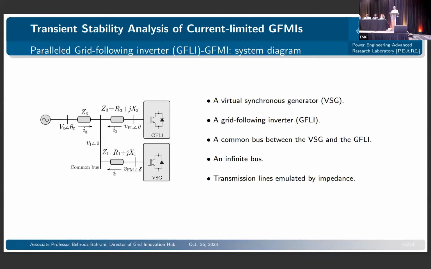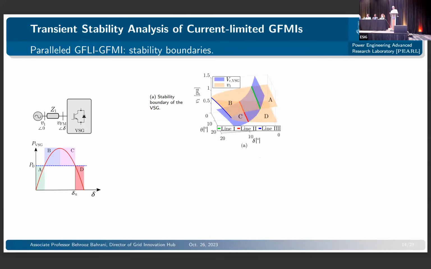With certain assumptions, none of them impractical, we tried to come up with some sort of analytical or visual transient stability analysis, similar to what we would be doing for the SMIB case that I've got here.